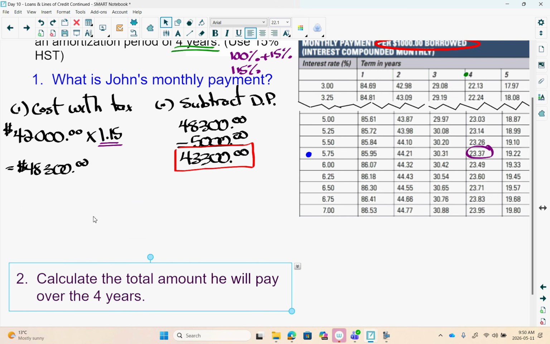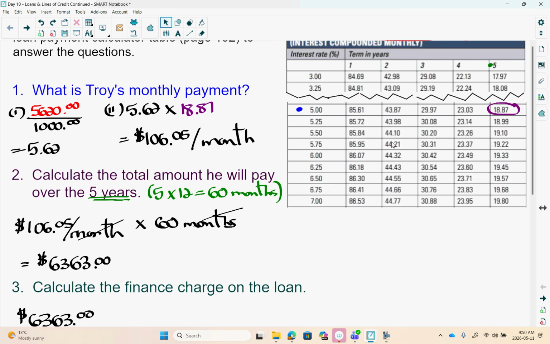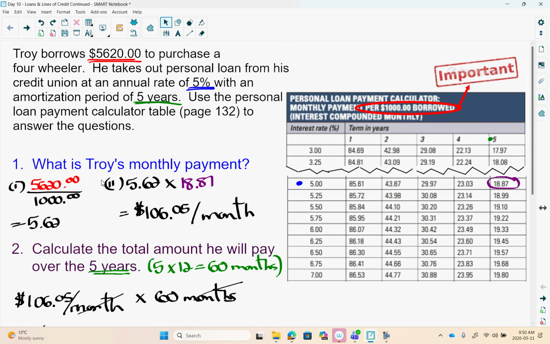Now, these next 2 steps are to figure out his monthly payment. Basically, what I've done up to this point is I've worked myself to this situation. What did I do in the last example when Troy needed to borrow $5,620? I divided it by what? 1,000, because the loan payment calculator is based on a per $1,000 borrowed.